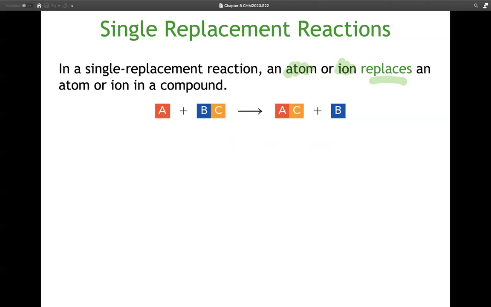B and C have a bond between them. And then what's happening is that B and A are swapping spots. So let's think about it for a second. If B is a cation that's positively charged, could A be an anion that is negatively charged? No. They're going to have similar charges if they can replace one another.